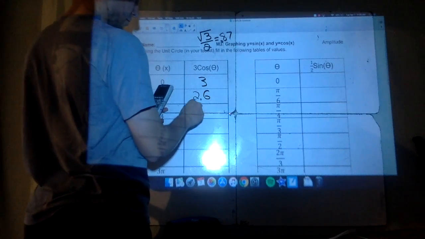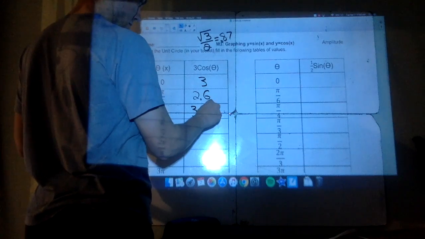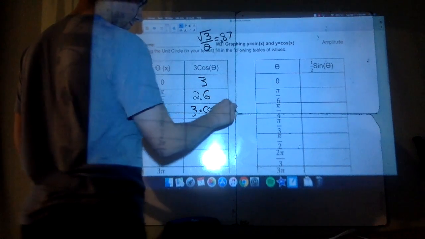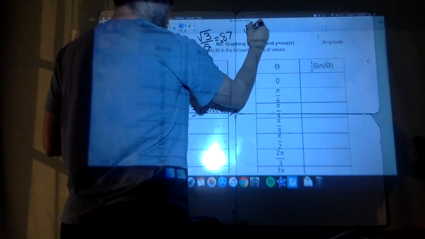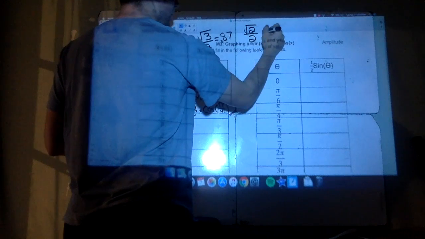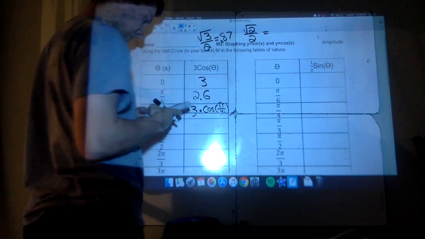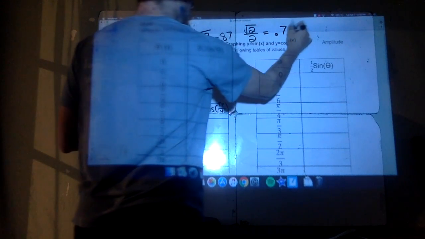Now pi over 4. We're going to do 3 times cosine of pi over 4, and the cosine of pi over 4 is the square root of 2 divided by 2, which gives us 0.71. We'll round it there.